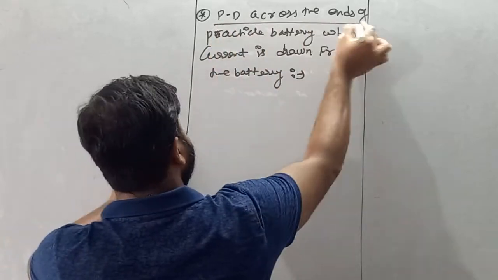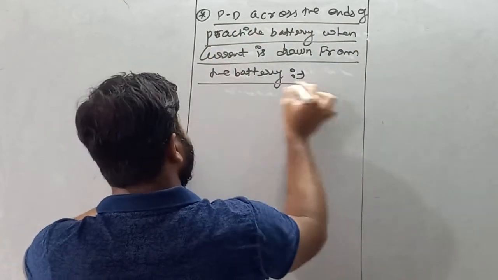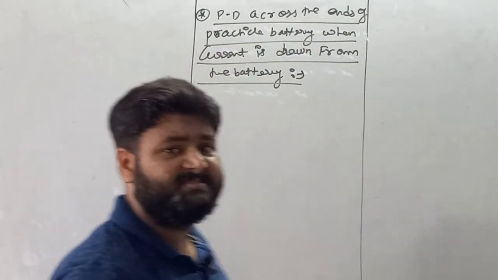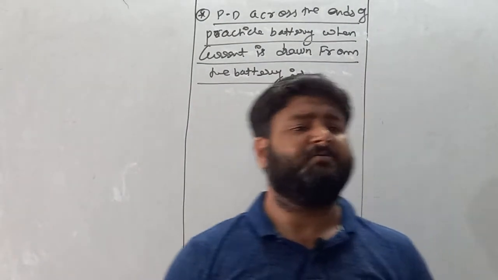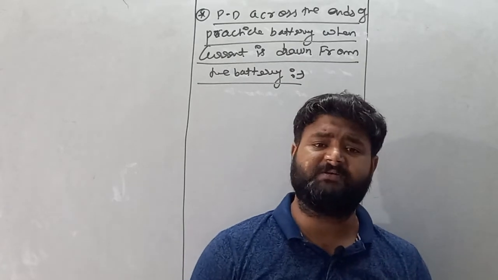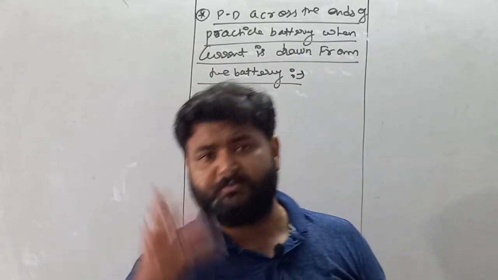When current is drawn from the battery, it means the practical battery is connected with an external circuit, because without an external circuit, my dear student, current cannot come out.